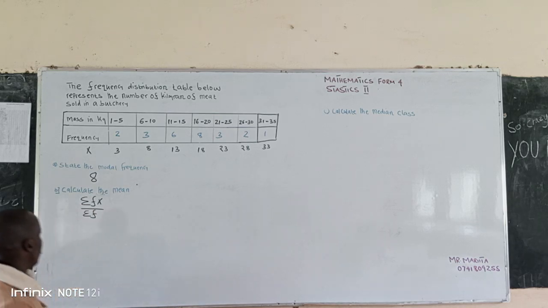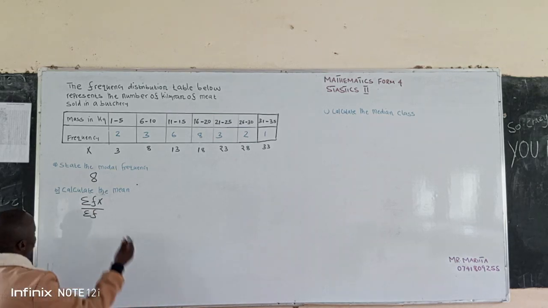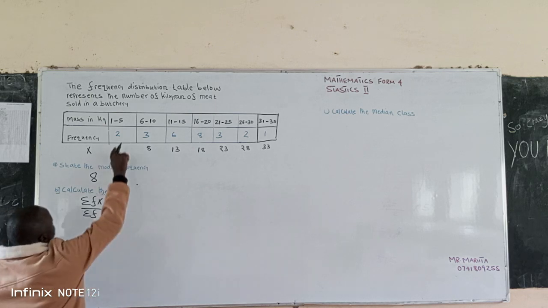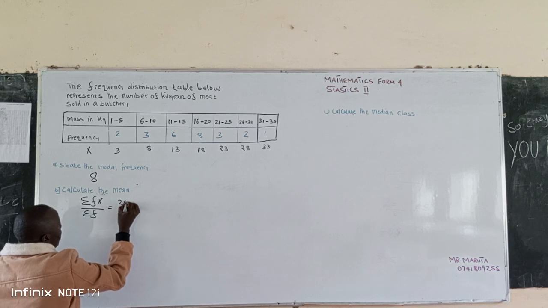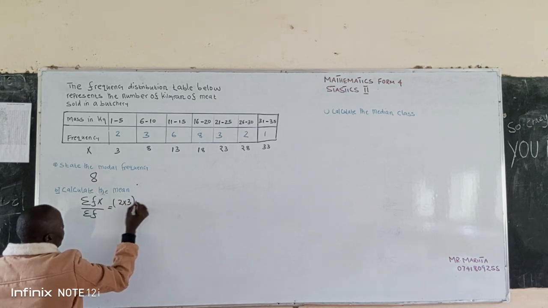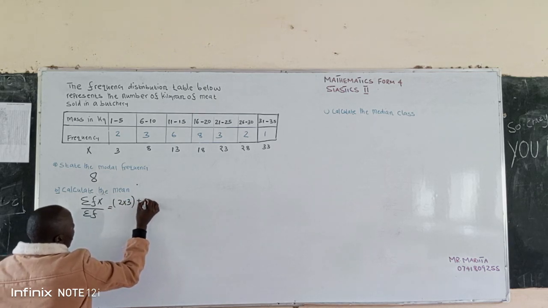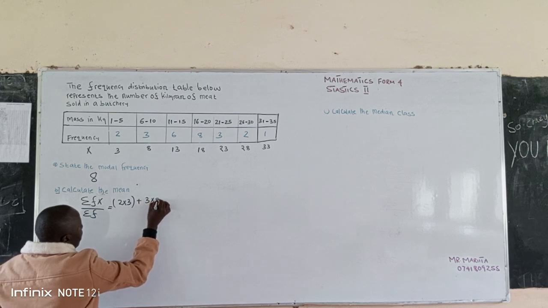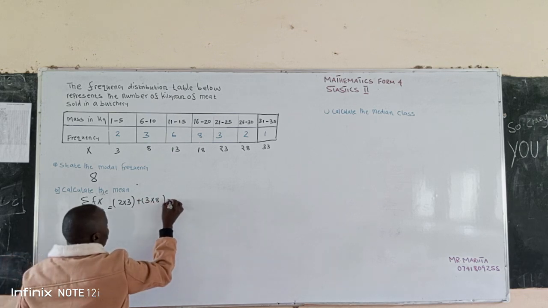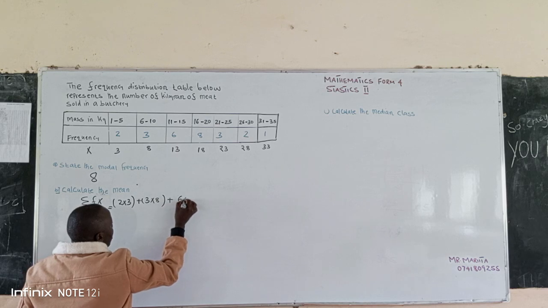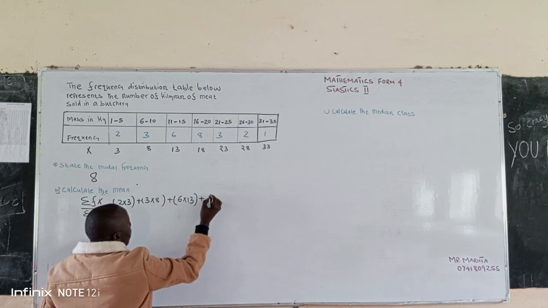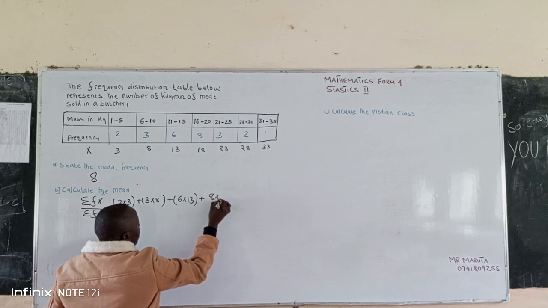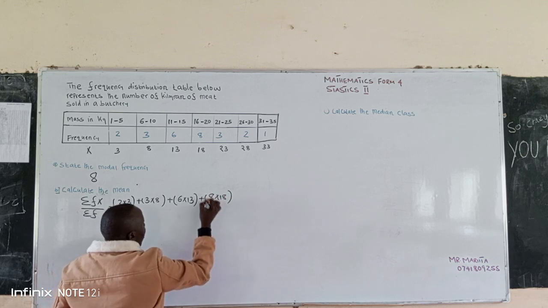So how do you get the summation of fx? You get the frequency times x. So we have 2 multiplied by 3, then plus 3 times 8. Then again plus 6 multiplied by 13. Next, 8 multiplied by 18.